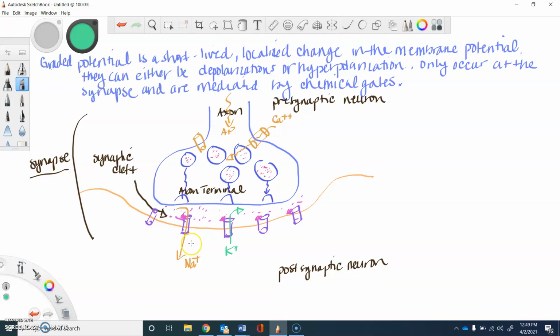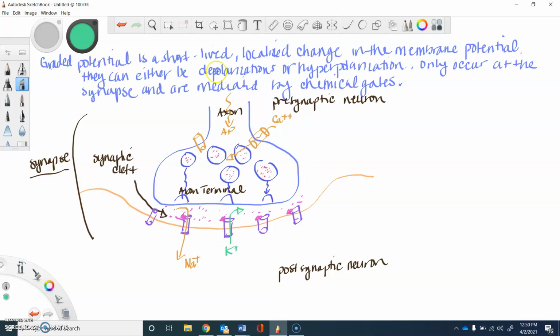We know from looking at the neuromuscular junction that more sodium will come in because there's a higher gradient for sodium. And when that happens, if you remember, that created the end plate potential, because this is at the end plate. The same thing is going to happen here. This just isn't a muscle cell.